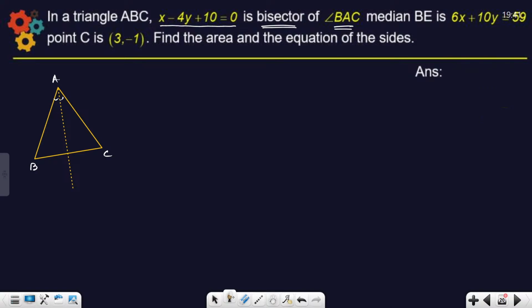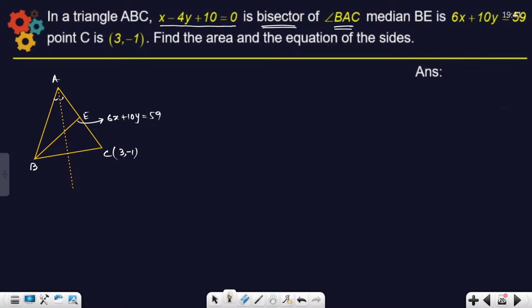Median BE. This is your median. This is your BE. And what is the equation of BE? Point C is given as 3 comma minus 1.